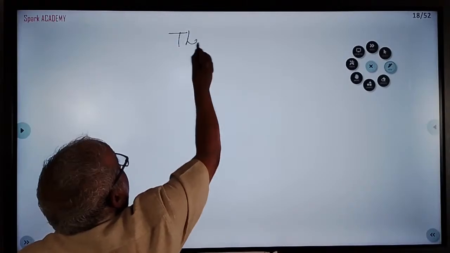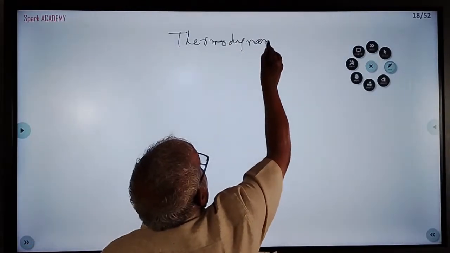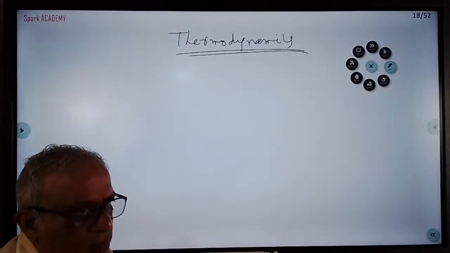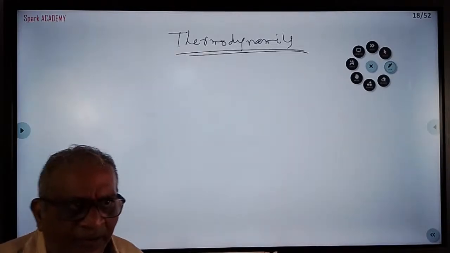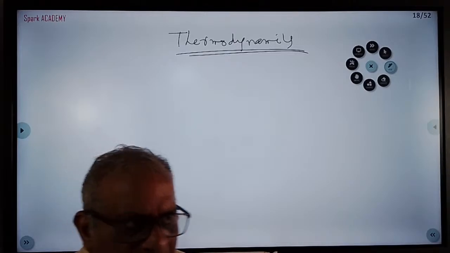It comes from a completely different chapter than work, energy and mechanics, or oscillations, where we had expressions like velocity and acceleration. Thermodynamics is a branch dealing with mechanical energy and thermal energy. Conversion of mechanical energy to heat energy and back to mechanical energy will be there.